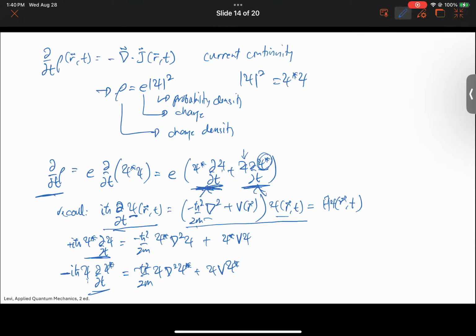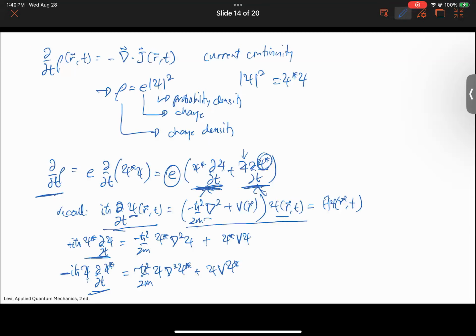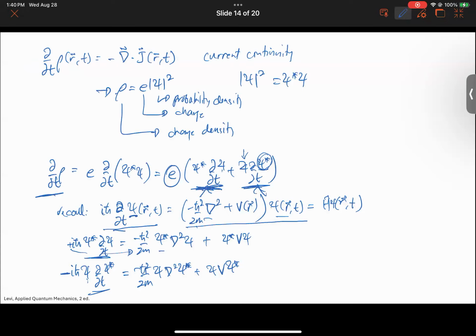Tapos may E ka dyan, so maglalagay din tayo ng E dyan. Then, nung binaba natin yung i, magiging negative or positive? So, positive yan. Then, ano yung susunod? Ito, psi star del squared psi.